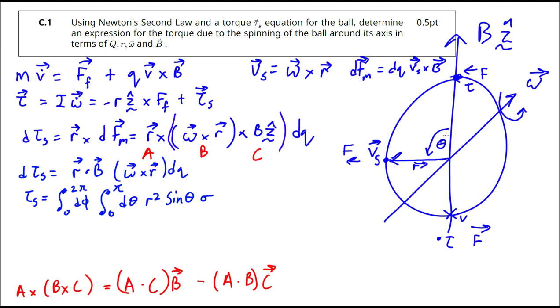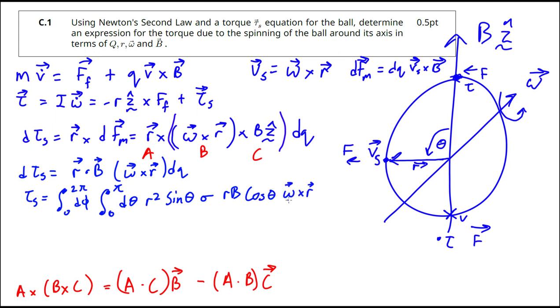It changes with time, but it is equal to the cos of theta. If you have a look at our diagram over here, B is pointing up, and r is separated by this angle in here. We can see that these are going to perfectly line up when theta equals 0, so that's why we're using cos in this case. So it's now just the magnitude of r times the magnitude of B, I've taken away the vector symbols, times cos theta, and then we still have omega cross r.